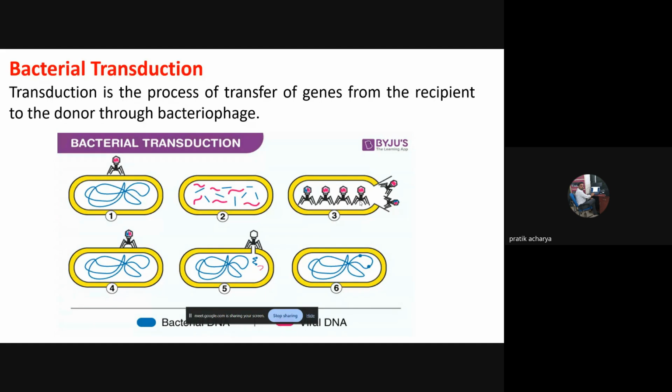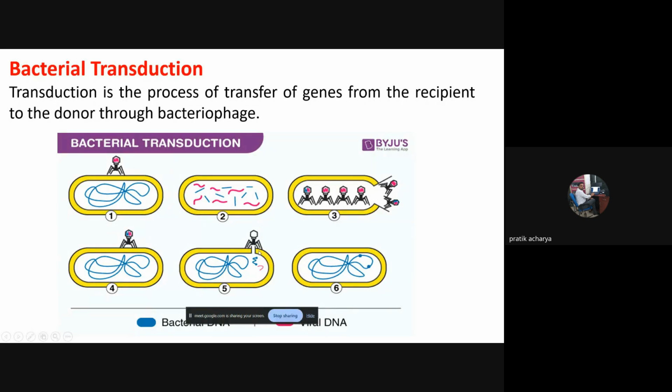Then bacterial DNA transfer is when the newly formed phages are now carrying bacterial DNA. When they come out of the cell, they carry bacterial DNA. They can infect a recipient bacterium, the next group of bacteria which was not earlier affected. Just look at this one.